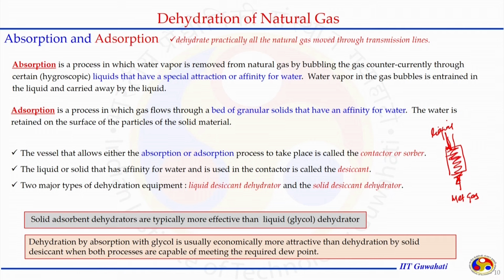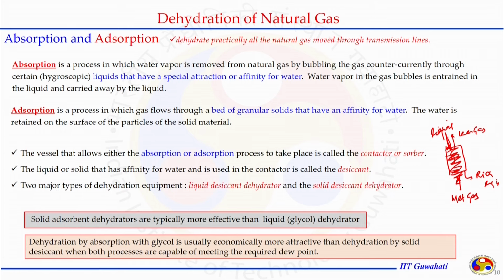They get contacted here in the absorber tower, where there could be either a tray kind of arrangement or a packed bed kind of arrangement, and because of the contact the gas becomes lean gas, meaning the water has been separated out, and the liquid becomes rich liquid, meaning it now has water with it.